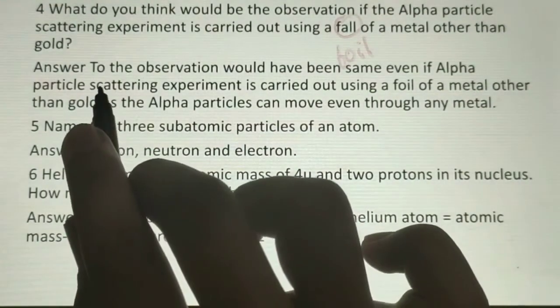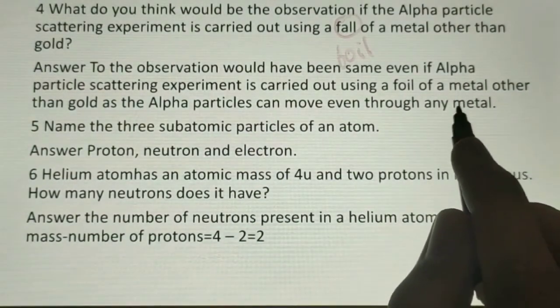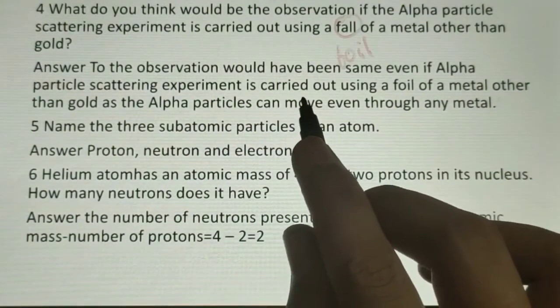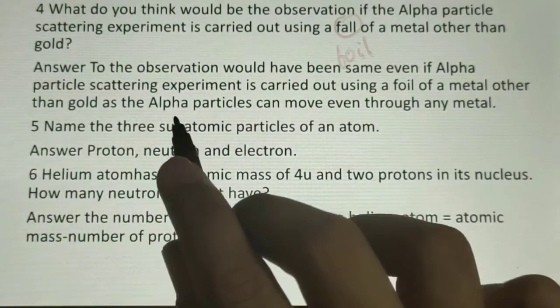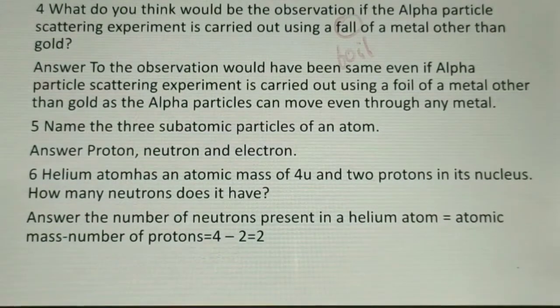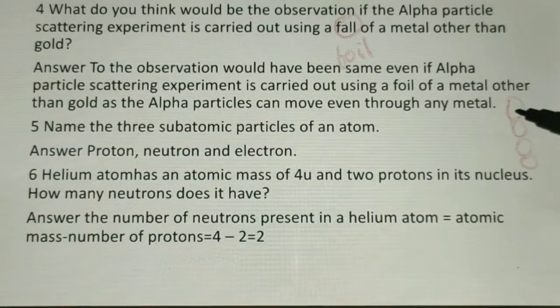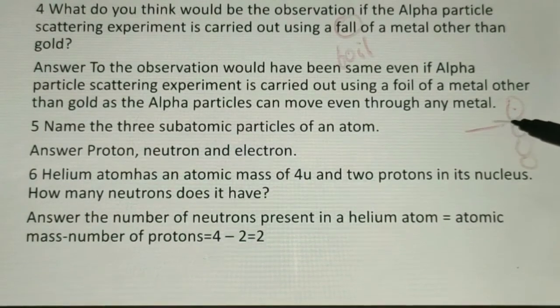So the answer is that the observation would have been the same even if the alpha particle scattering experiment is carried out using a foil of metal other than gold, as the alpha particles can move even through a metal. Because any metal having a thin sheet making a single layer of an atom, so if we take gold or any other metal, then also the alpha rays will be passing through it.